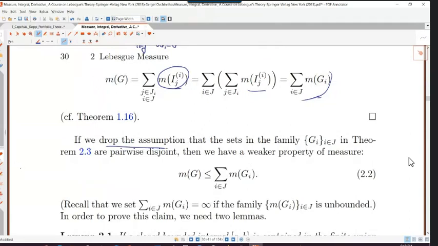Maybe you remember probability theory. P of A union with B is P of A plus P of B minus P of A intersection with B. Do you remember this property or this identity?